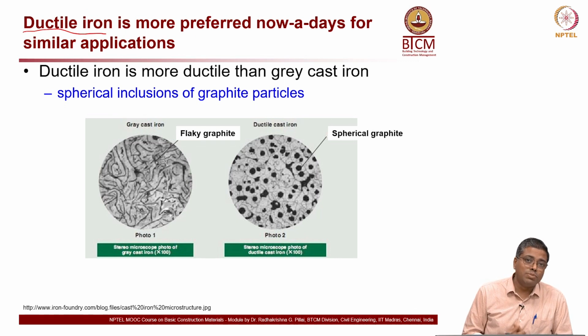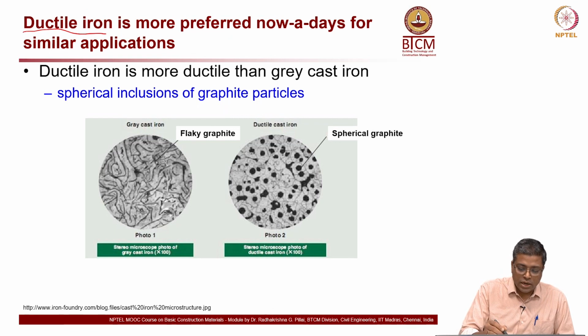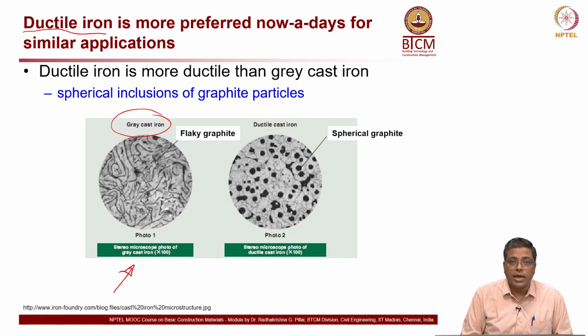Now, why this is becoming more ductile is because it has a different type of carbon, or the microstructure is different. You can see, let us look at only the first picture here, this one. This is about grey cast iron. You can see these flaky black lines on that, the flaky graphites.